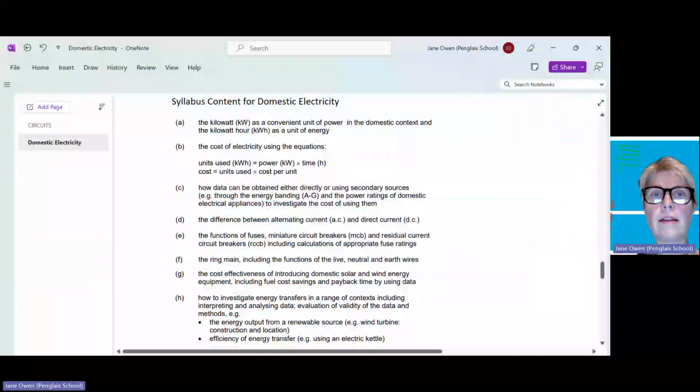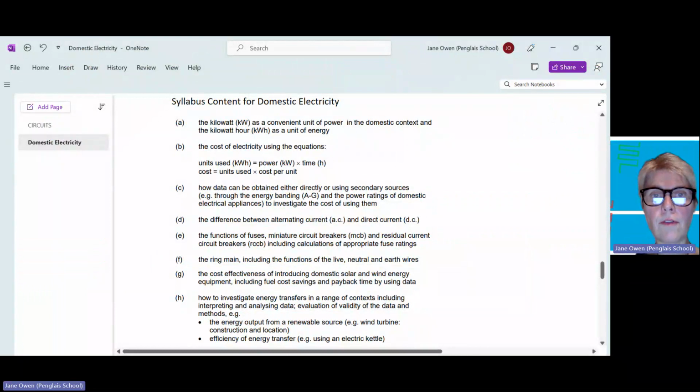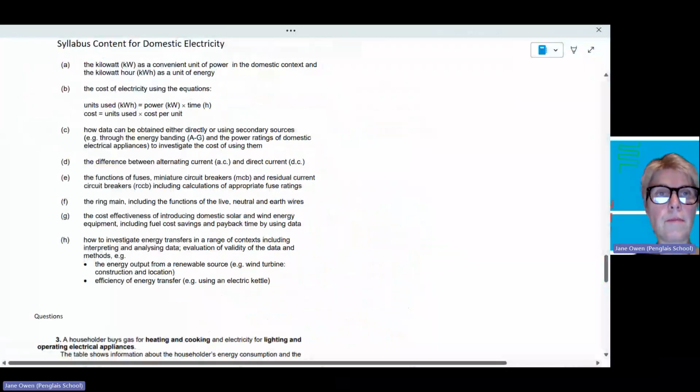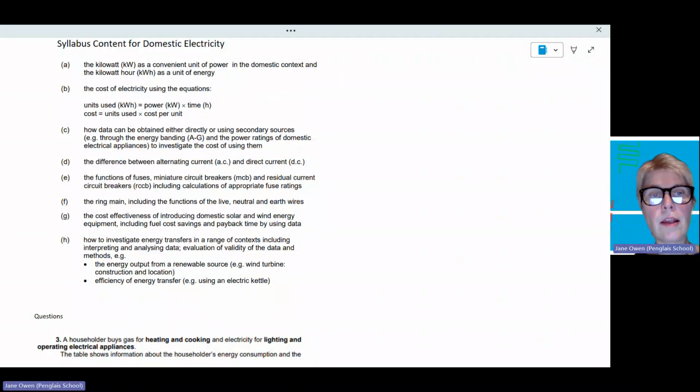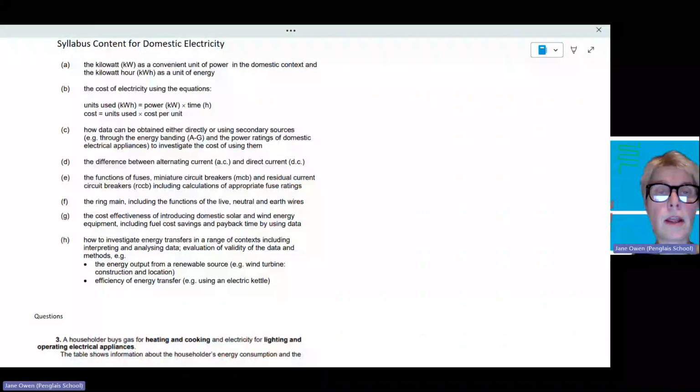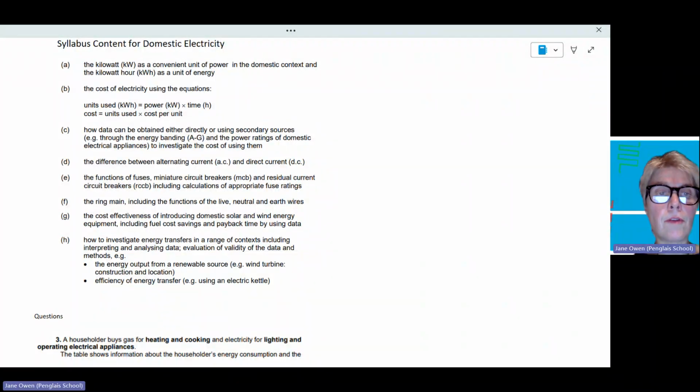We will be looking at the units of electricity, the equations of electricity, AC and DC currents, fuses and circuit breakers, the ring main, and then micro generation in the home, looking at solar panels and wind turbines, and tying all of that together with a couple of questions using payback time, and how long it takes to pay back the cost of installation of appliances.